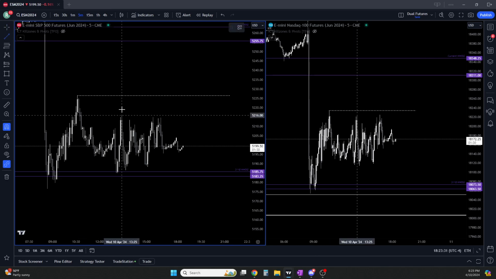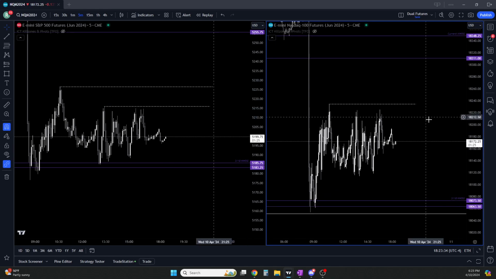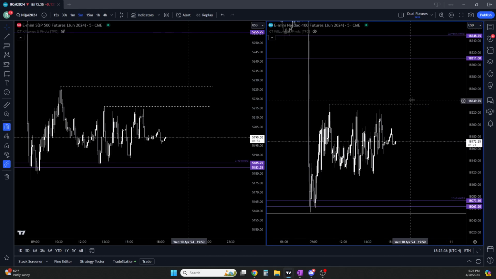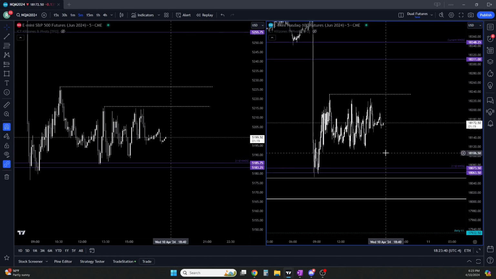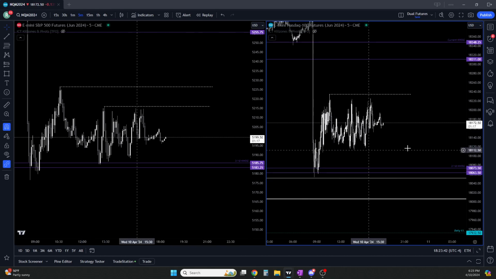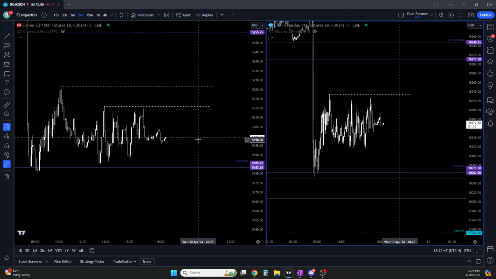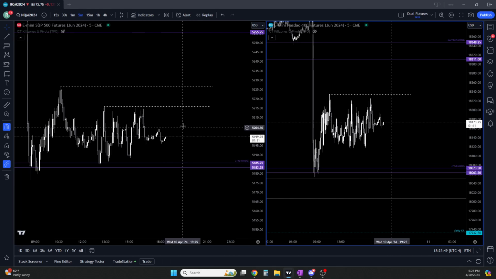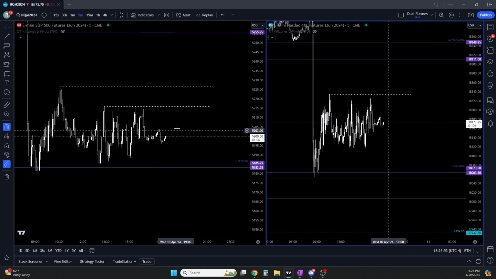We have all this buy side here, so I would like to see this get taken for us to then go lower. But who knows, maybe we'll manipulate the lows and form some model to the upside. I'm not sure, but higher time frame, I definitely have a bearish bias, so we'll see what happens.